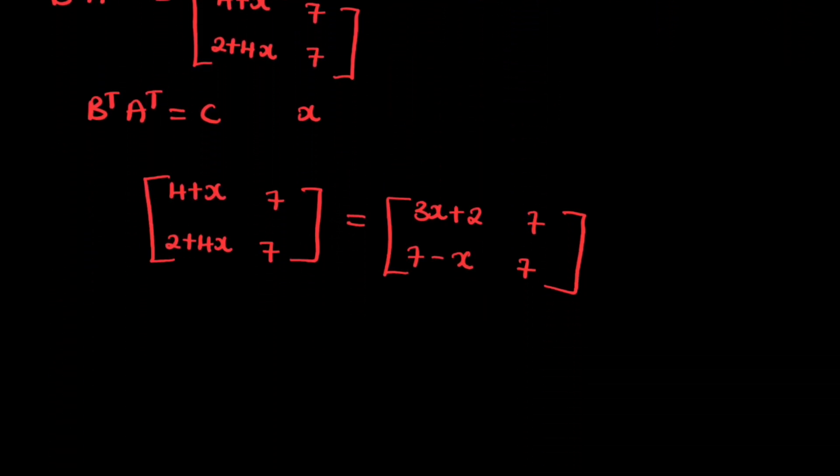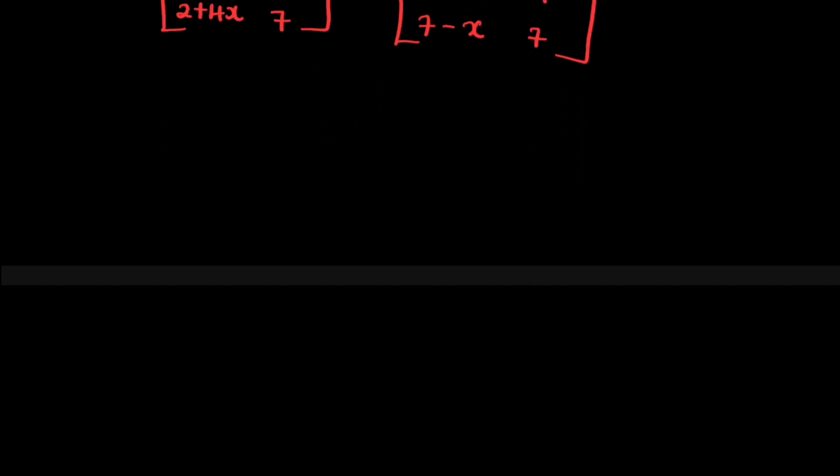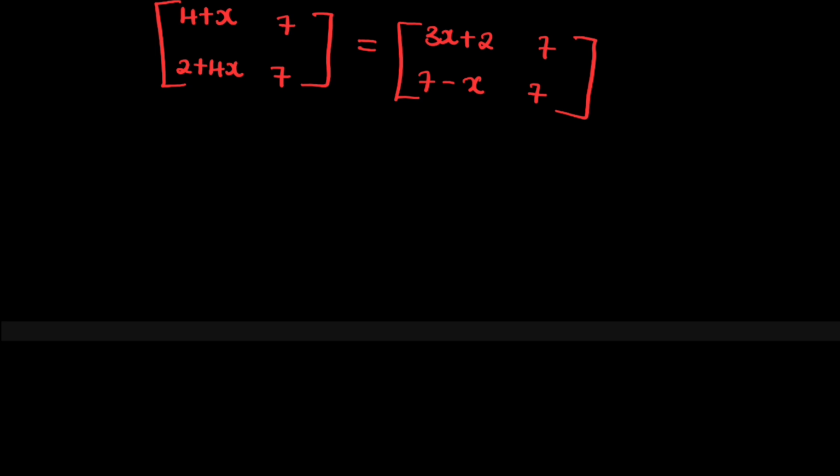We have been told that these two matrices are equal. If they are equal, that means their elements in corresponding positions are also equal. Since we are to find the value of x, we can take this equal to this and find the value of x, or take this equal to this and find the value of x. But I'll just do the two cases.